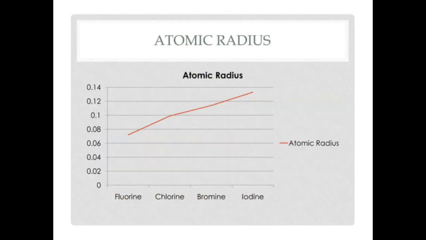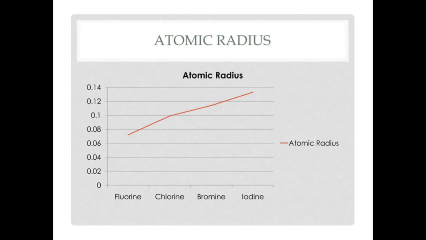We are still looking at the physical properties of the group 7 elements. From this graph here, you observe that the atomic radius is increasing as you are moving down the group. From fluorine down to iodine, the atomic radius keeps increasing.